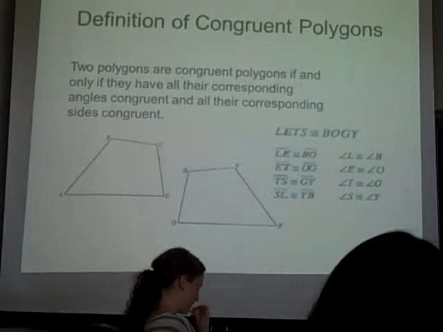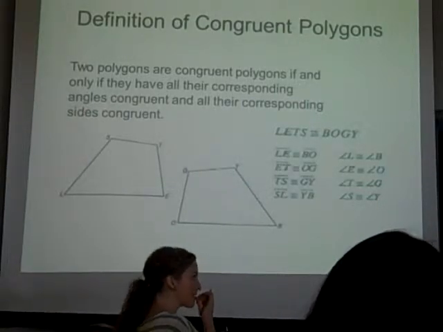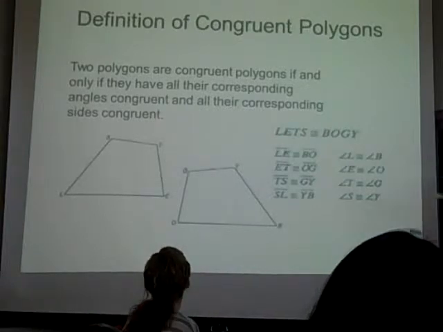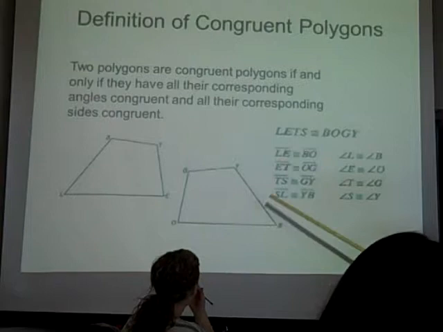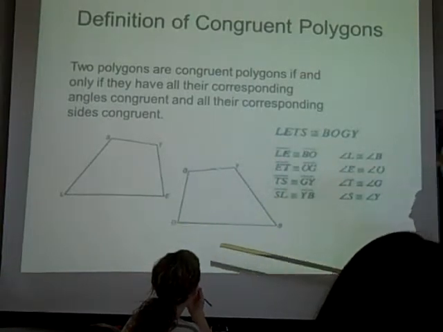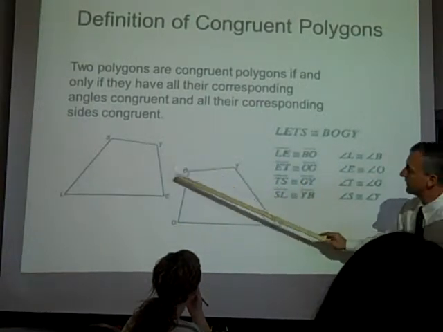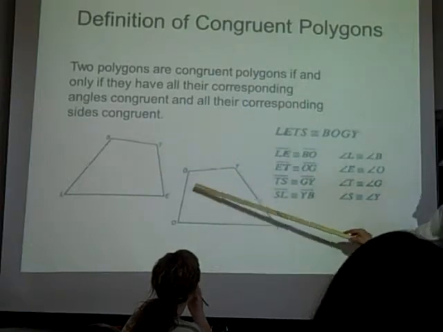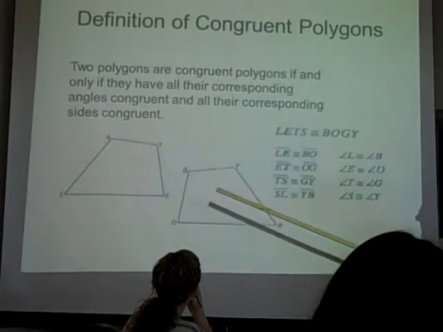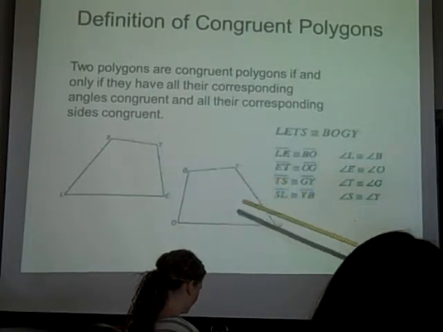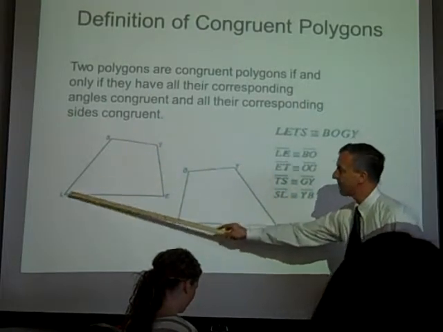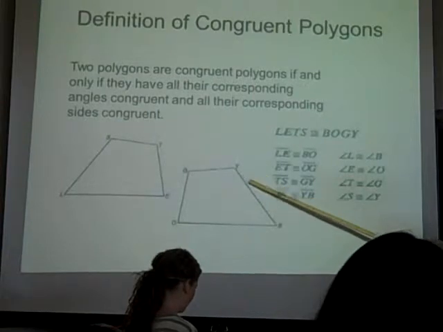For example, if we take a look at this one here, LE is congruent to BO, ET, which is here, is congruent to OG, the segment TS is congruent to the segment GY, the segment SL is congruent to the segment YV.